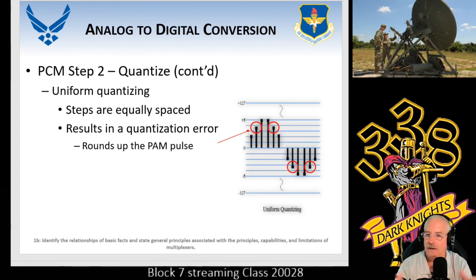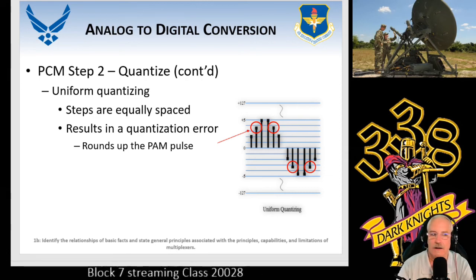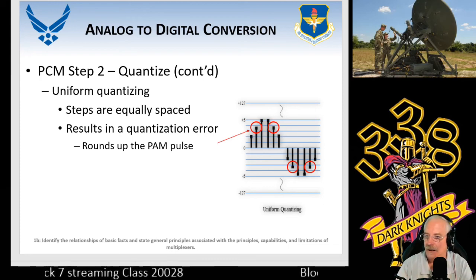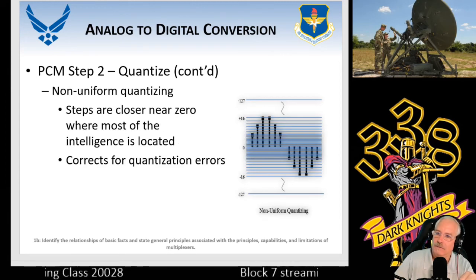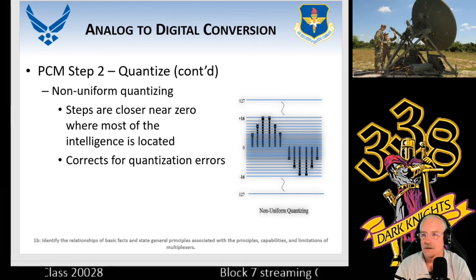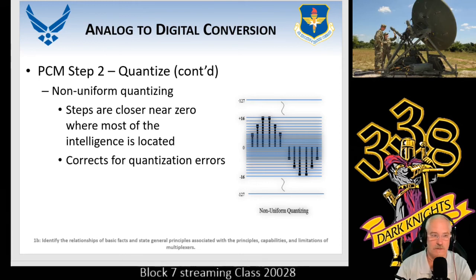Because the idea behind converting analog to digital is to save space. So when we send it to the distant end, it can demodulate it and get it back to an analog signal. Well, if it doesn't replicate the signal at the front end and all you have is a garbled mess, that's going to be a problem. How do we correct for those quantization errors? Well, they came up with an idea called non-uniform quantizing. The idea behind it is we're going to start squashing most of those 127 lines closer to the middle, because that's where the human voice normally is.